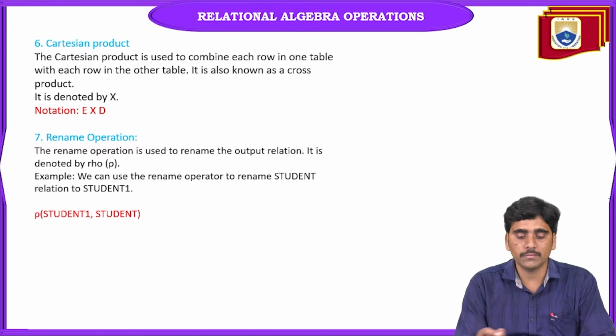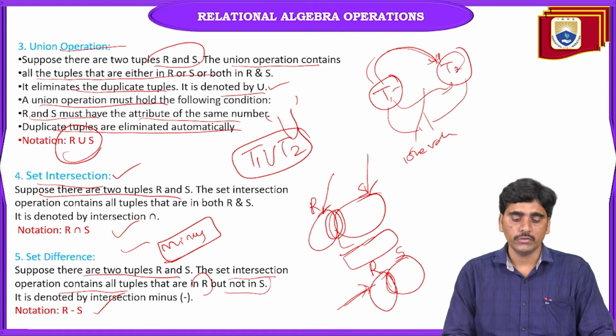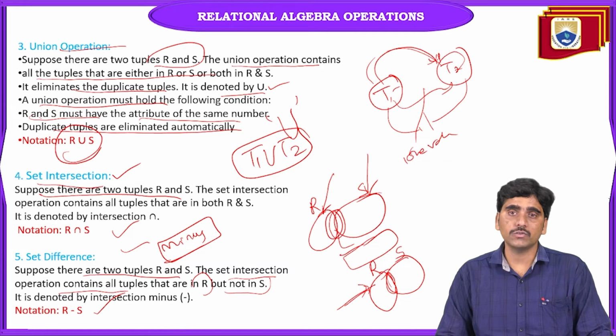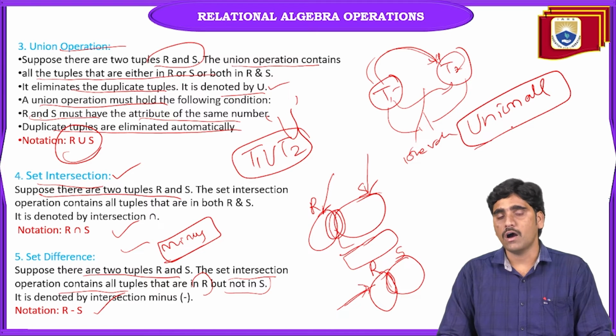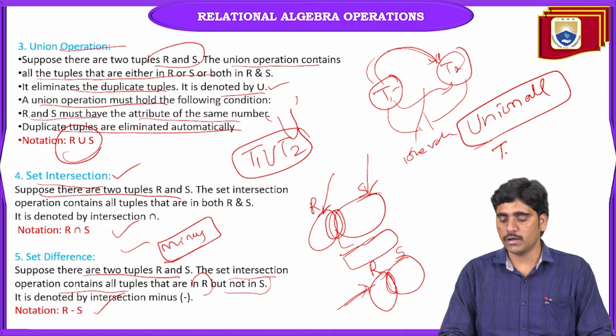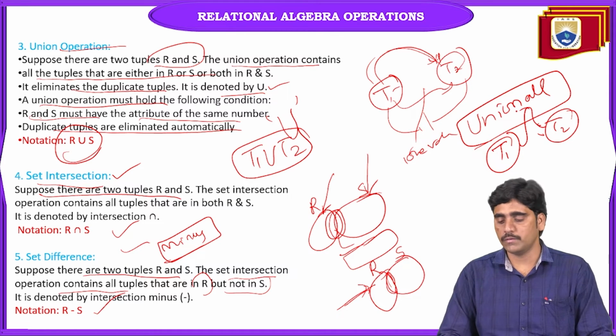And here, the Cartesian product operator. One thing we have to understand: the union operation eliminates duplicates. Instead of all the duplicates, it displays only one value. But with the union all operator, if you mention union all between table 1 and table 2, it displays all the duplicate values from T1 and from T2.